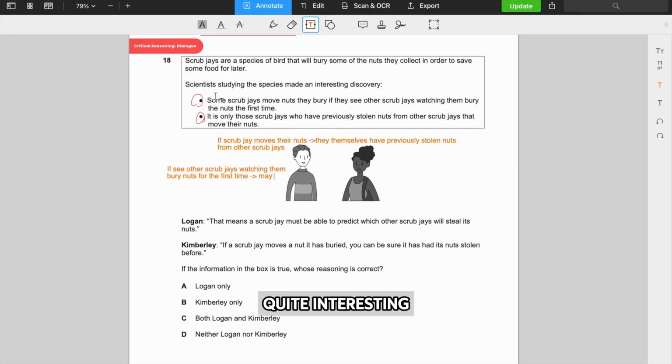So this is actually quite interesting. It doesn't say all, it says some. So this is not really a conditional statement because it's not guaranteeing that the next course of action will definitely occur. It's not if X and Y, it's rather if X, maybe Y, because here it's saying some. Some is the key word here. They may move their nuts, but we don't know for sure. Okay, so let's just go through the statements.